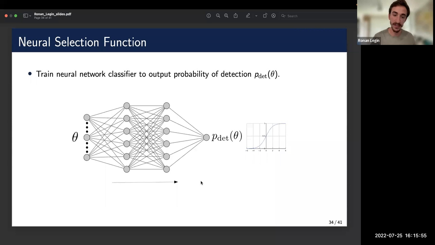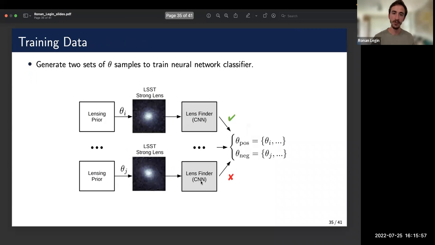To generate its training data, you would apply whatever detection or selection process you're using on a bunch of simulations. And then you would gather the model parameters of the lenses that were positively detected as strong lenses and the ones that were negatively detected. This is how you would build up your training data for the classifier.